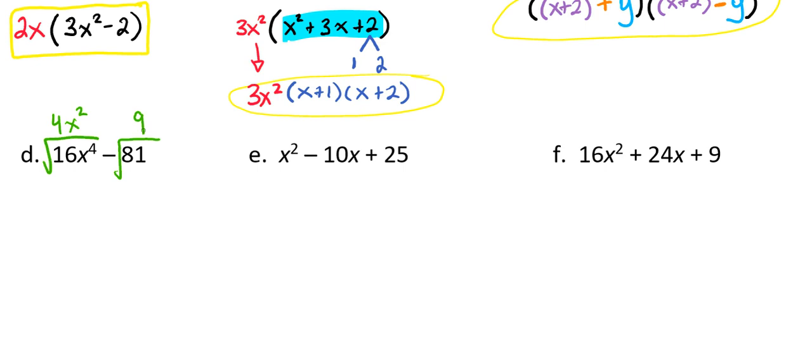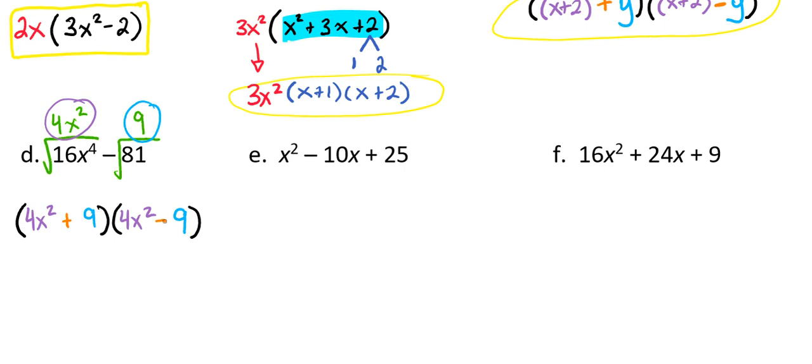Now I will have my parentheses, and I will put my first answer first, so I'll put the 4x squared first, and then I will put my second part second. And then don't forget, one of them needs to have a plus and one of them needs to have a minus.